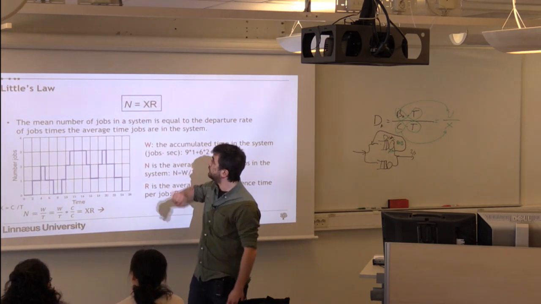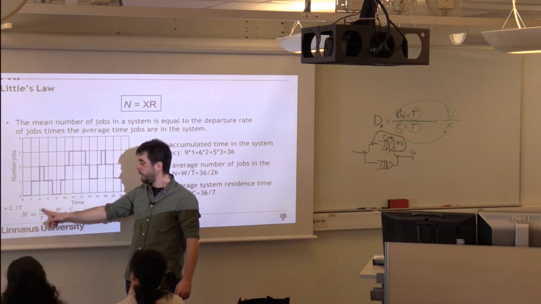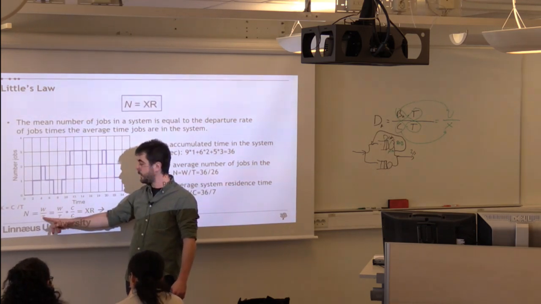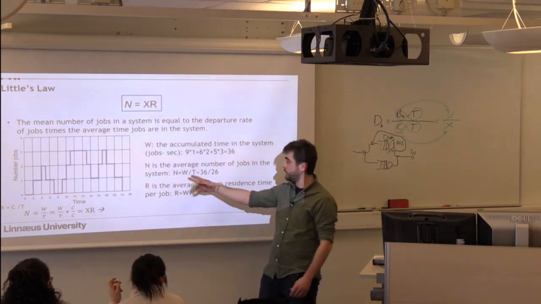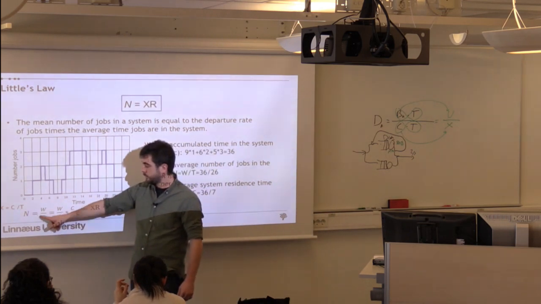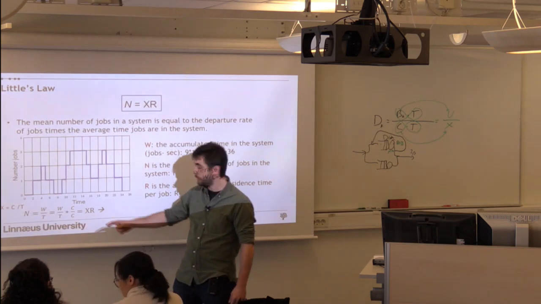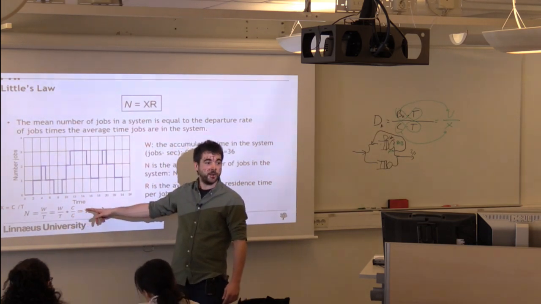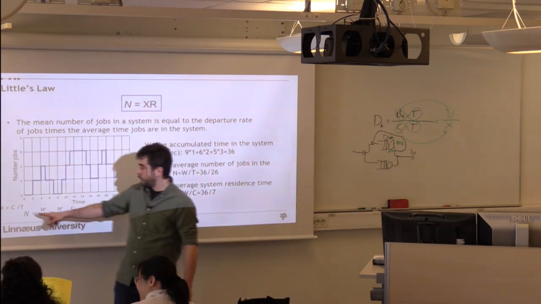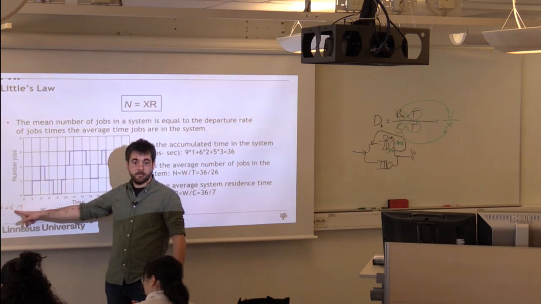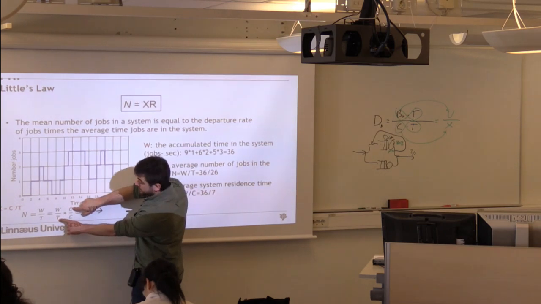So now let's derive Little's law. The number of jobs in the system is the accumulated waiting time W divided by t, because it's this. So we saw that this is true by observing the system. Now we do a trick and we multiply and divide by the same value, C. We know that the throughput is the amount of completions divided by t, which is, here we have a C divided by t.